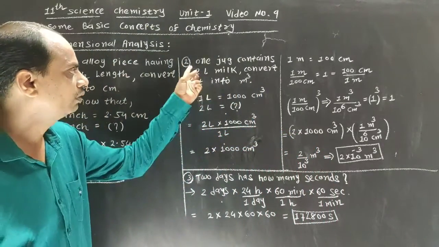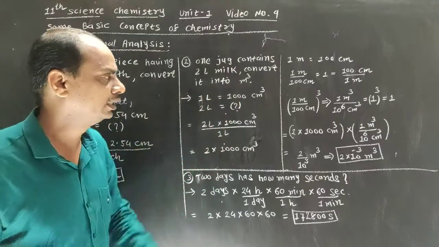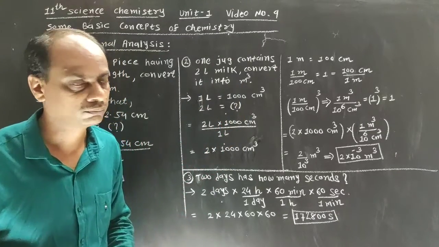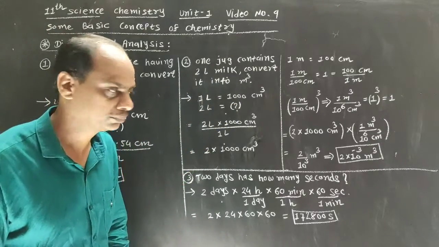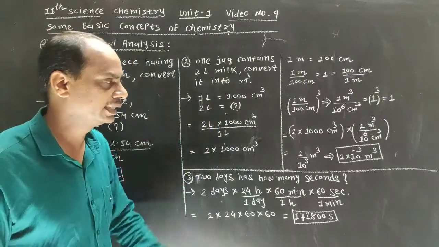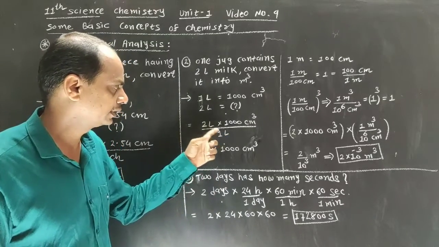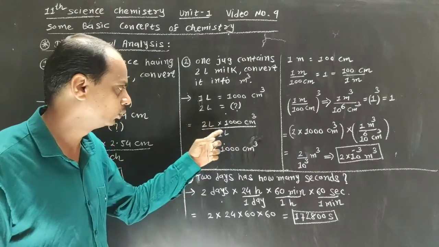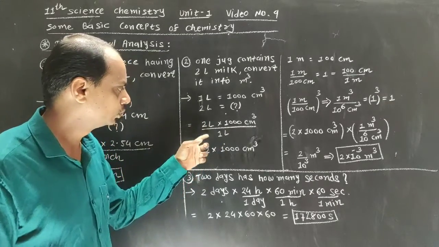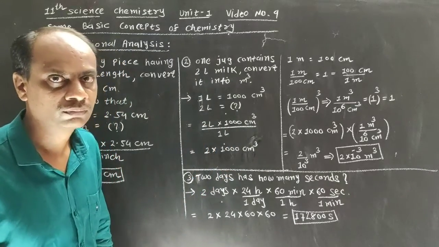Second, one jug contains 2 liters of milk, converted into meter cube. So 1 liter is equal to 1000 centimeter cube, and 2 liter has how much? Here the liter units are the same in numerator and denominator and cancel out. So our answer has the unit centimeter cube.